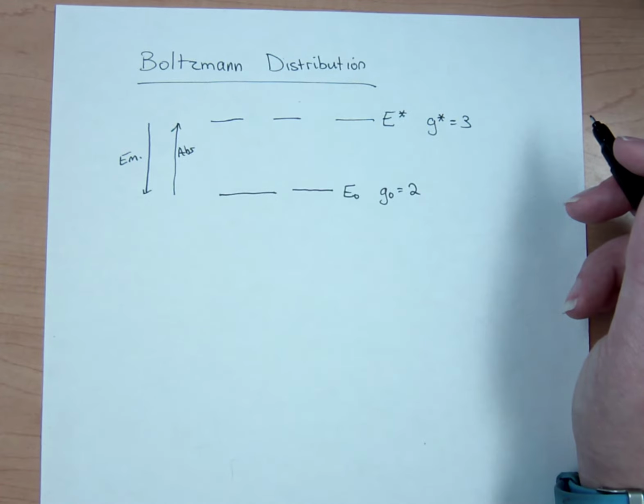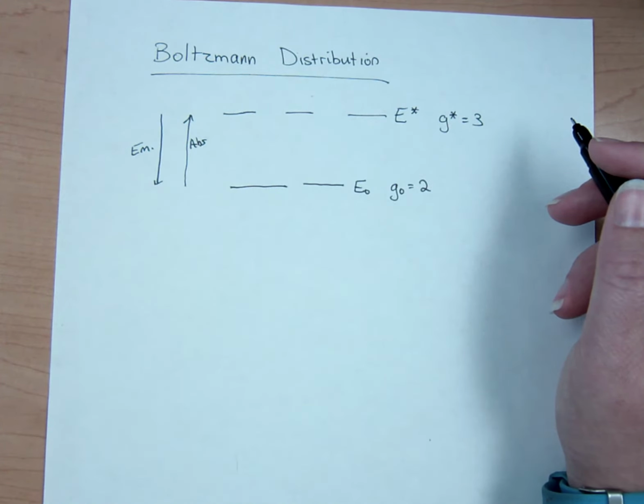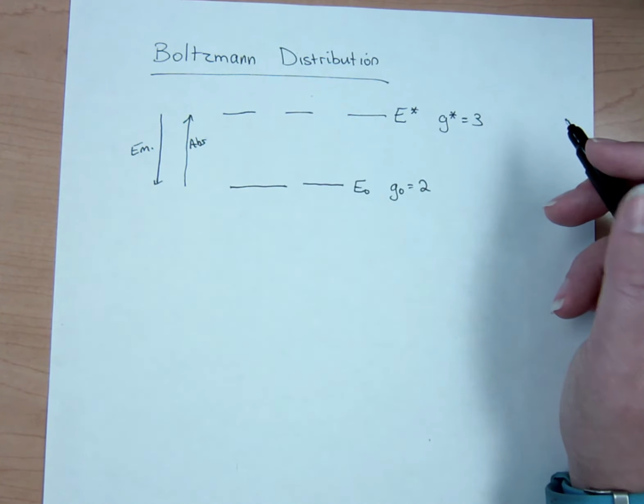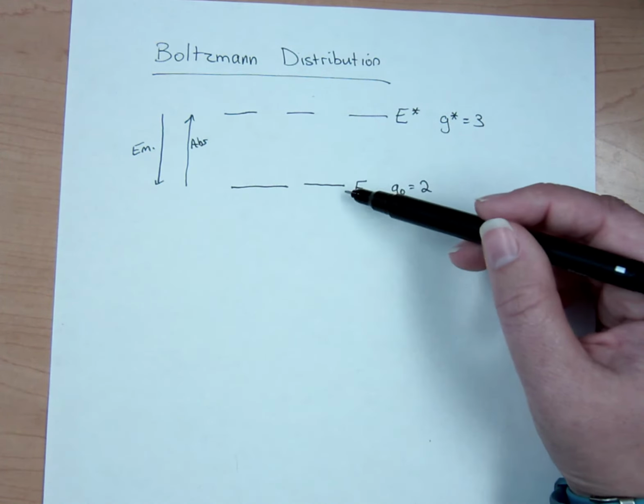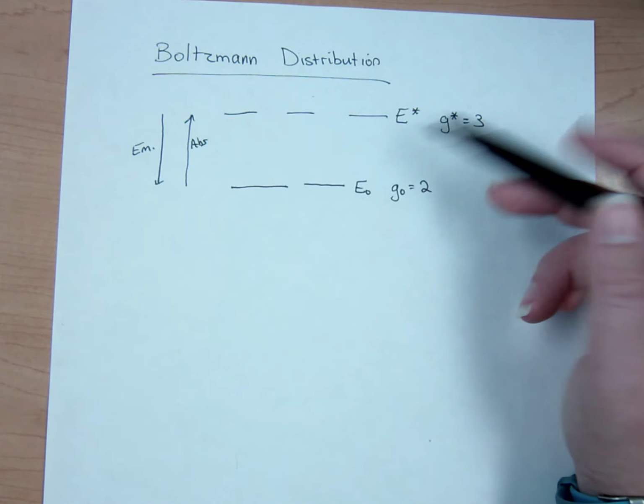Okay. So the Boltzmann distribution is a numeric way to represent the relative populations between the ground state and the excited state at a given temperature.